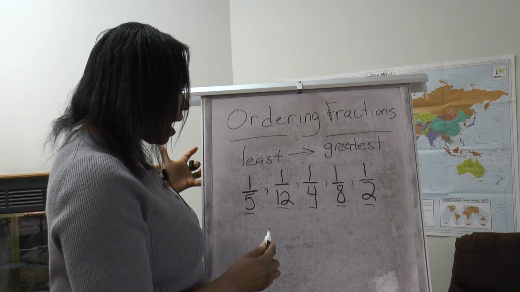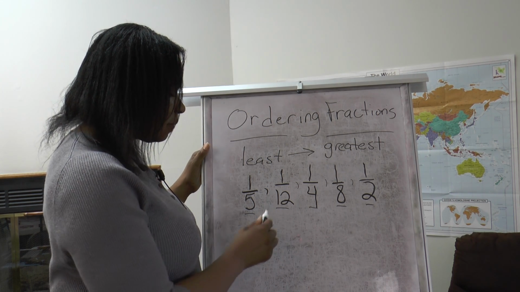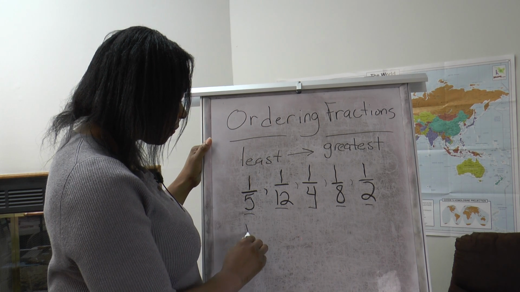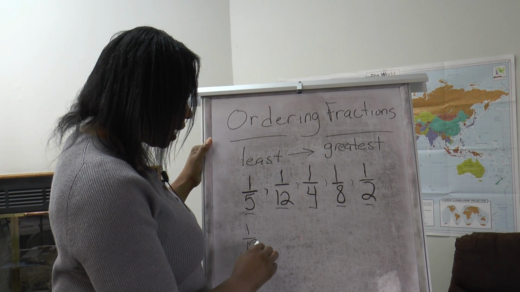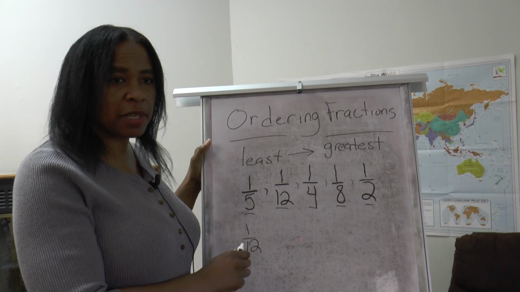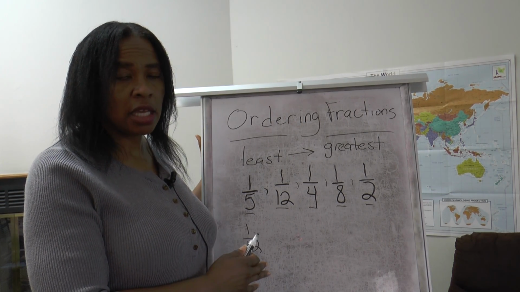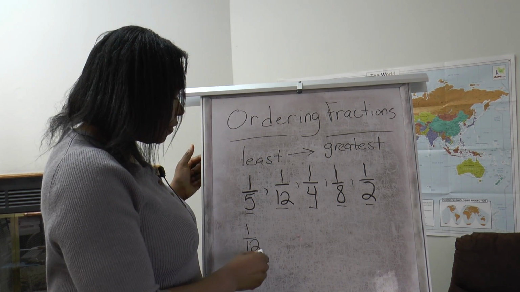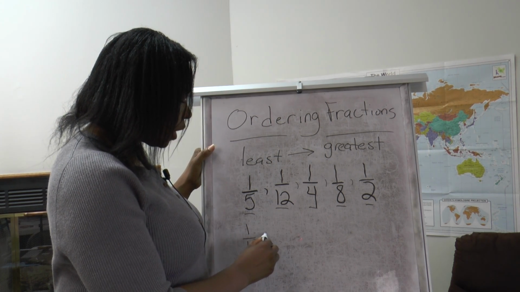So if you have 12 parts, this is the biggest number that I see. If you have 12 parts, these are going to be some pretty small parts because there's so many parts in that. It's a bigger number, so the parts are going to be smaller. So that's why this one will be my first one.